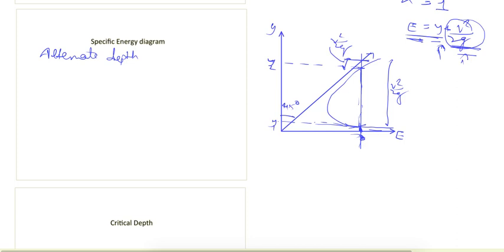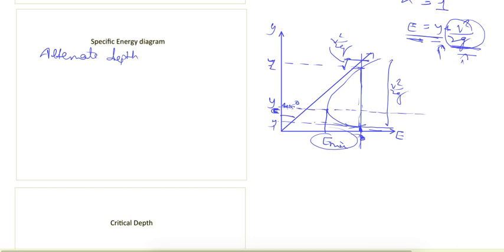This is the case everywhere except for this one point. At the minimum specific energy, when E is minimum, there is just one value of y, which is known as the critical depth. So at this depth the specific energy is minimum. What is the significance of this depth?